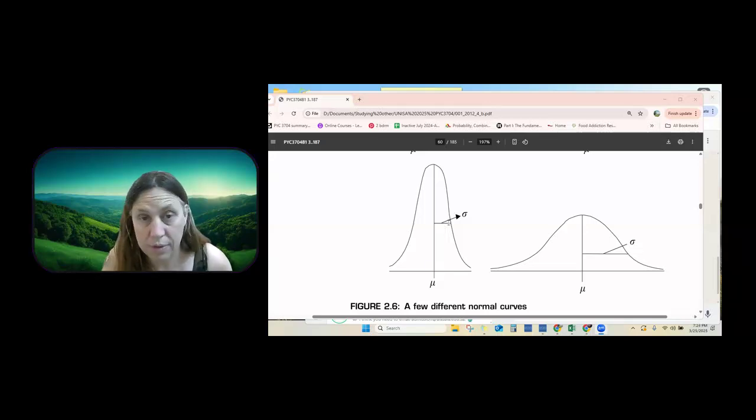Let's look at what all of these different normal curves have in common. They're bell-shaped. Most observations are closer to the mean. They are symmetrical. The left and the right are mirrors. They are continuous in two ways. One is that this goes off to a theoretical infinity. And the other is that this is a continuum.